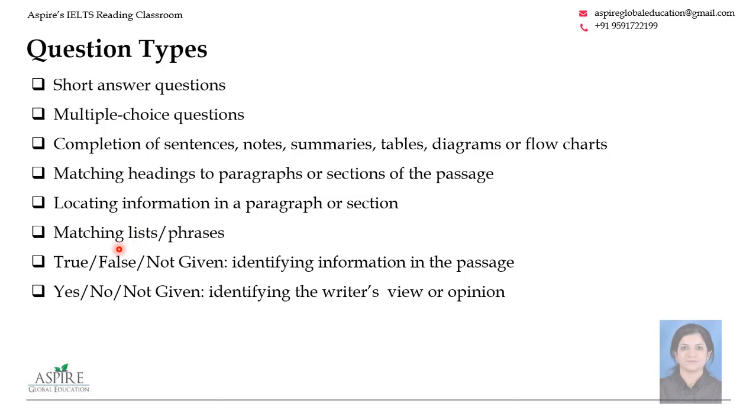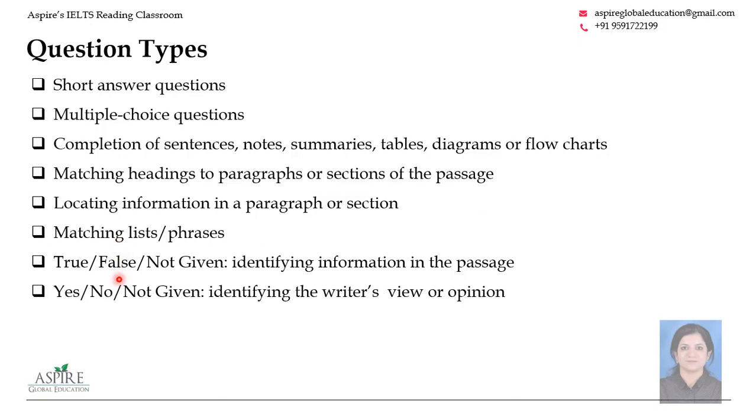Next is matching lists or phrases. Now this would contain 2 columns and they would give information on different things. So based on what is asked, you might have to match the words so that they are directly related.